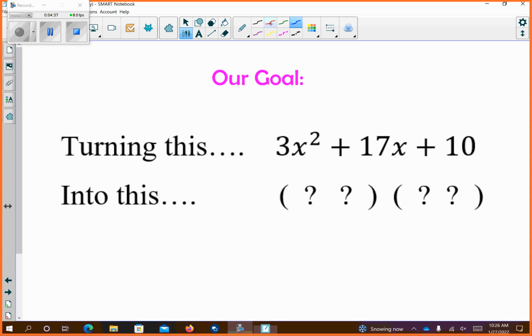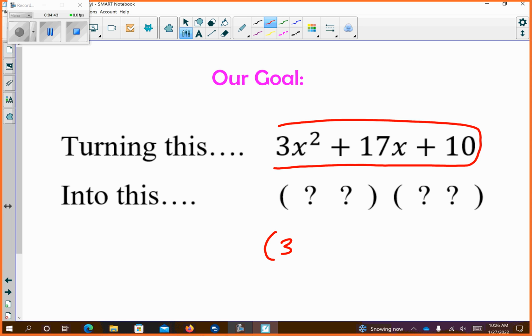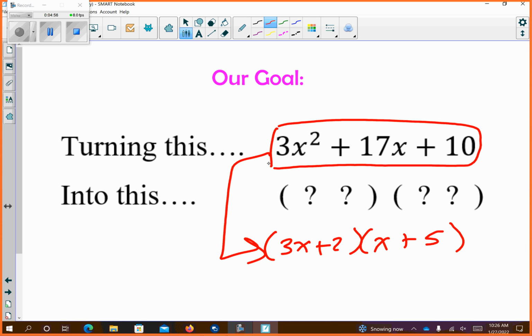Okay, so what our goal is, we want to convert this into 2 binomials. This is going to convert to basically something that looks like this, 5, 2, plus. That's what this factors to, okay? Now, the only reason I'm quick at it is because I've taught for 26 years, so I kind of see it.